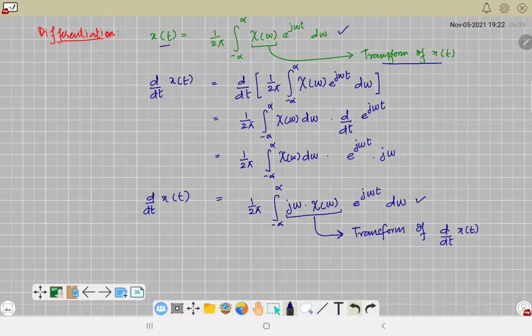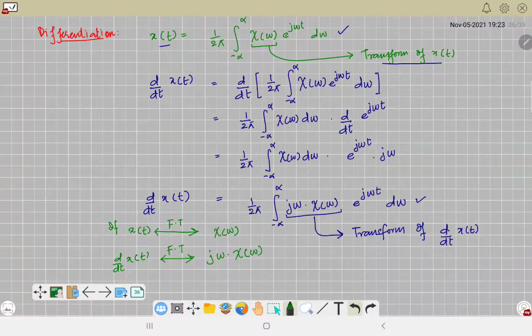So we can say that if x of t has a Fourier transform of x of omega, then the derivative of this signal will have a Fourier transform of j omega x omega. Again, you can see that the derivative operator is replaced by simple multiplication by j omega in the frequency domain.